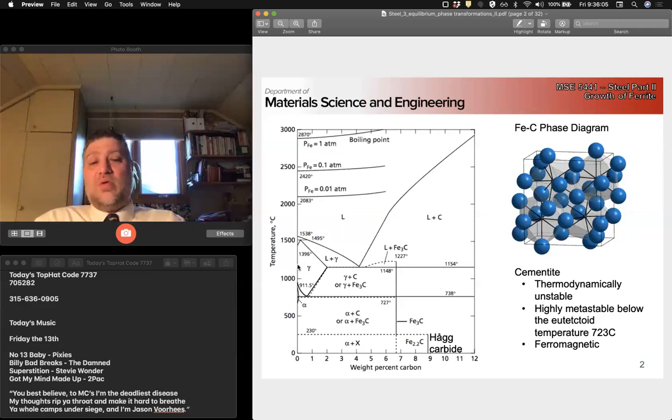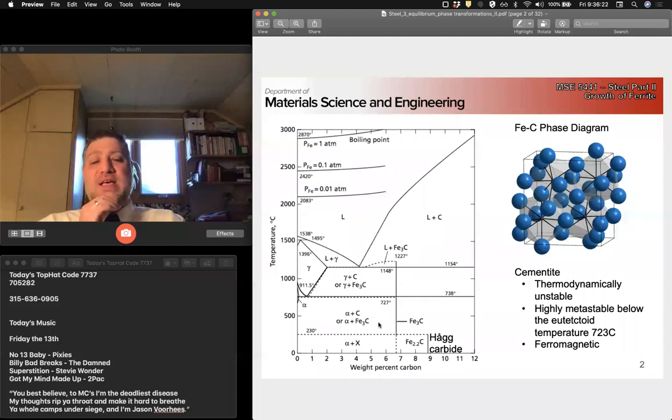right? So in the austenite phase field here, the carbon is all interstitial, and all the primary bonding is metallic, right?